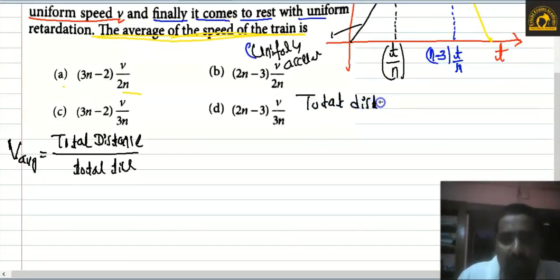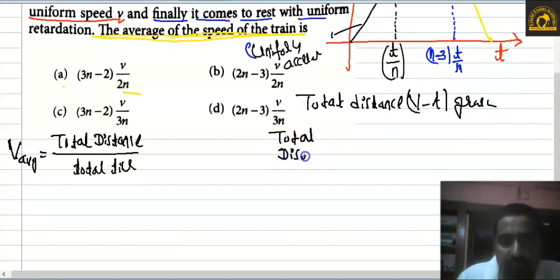The total distance in a v-t graph is what? The total distance in a v-t graph is equal to the area under the v-t graph.